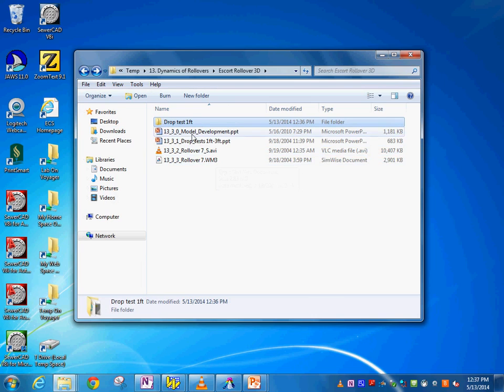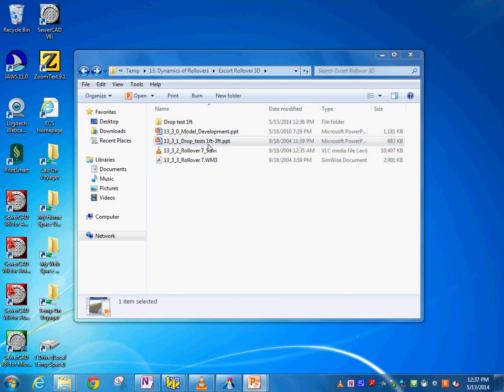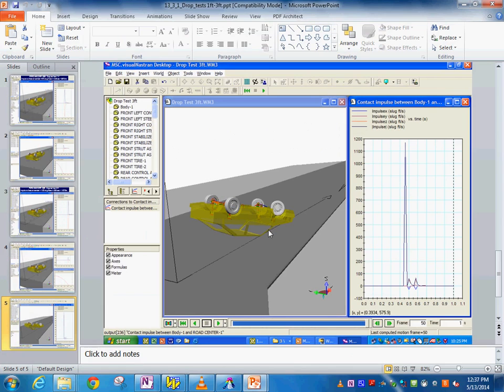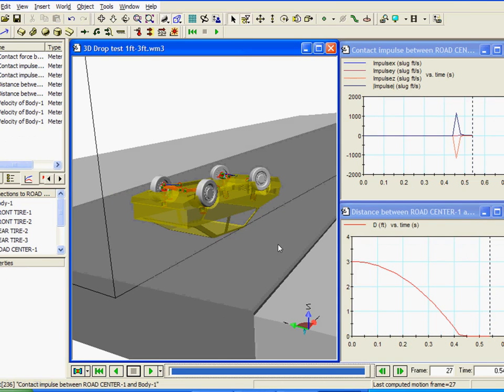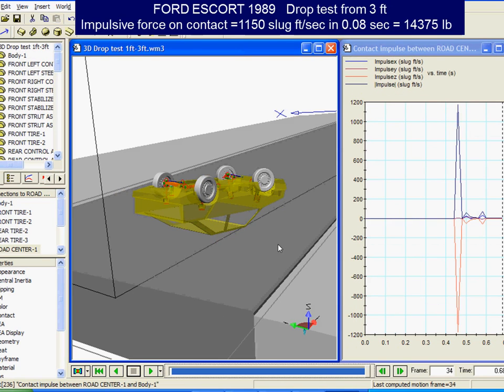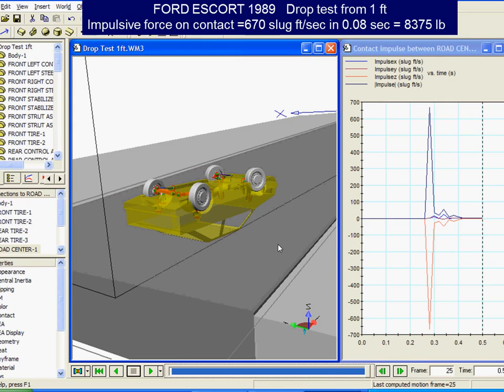I think I showed you the different ones that we have, so that you can see that from 3 feet we can do the different tests, and also for 1 foot. But nevertheless, the conclusion is that based on the tests that we have done here, the roof basically collapses even at a 1 foot drop test on this car.